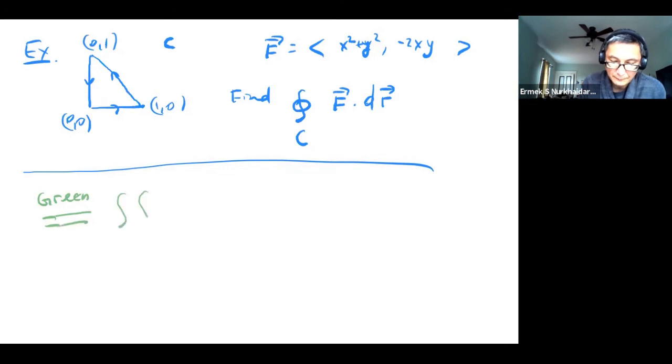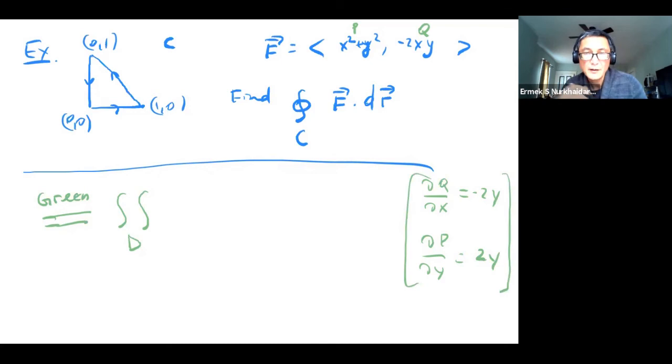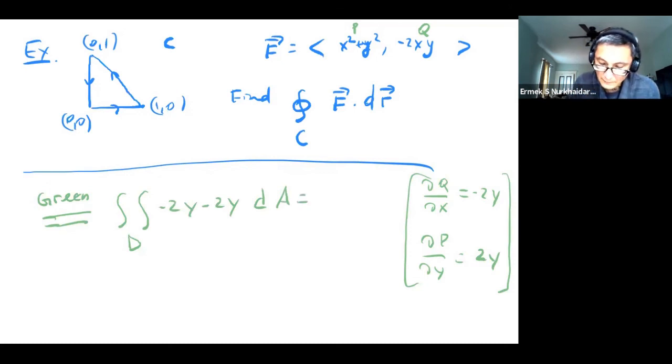So we're going to take the double integral over region D of the derivative of Q with respect to x, which gives negative 2y, minus the derivative of P with respect to y, which gives 2y. So we get negative 2y minus 2y, which is negative 4y dA over D.